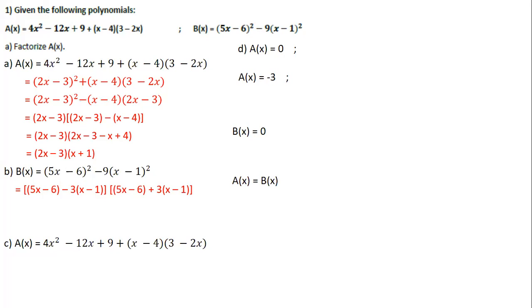Minus 3x. Minus 3 times minus 1: minus times minus is positive, 3 times 1 is 3. Okay.